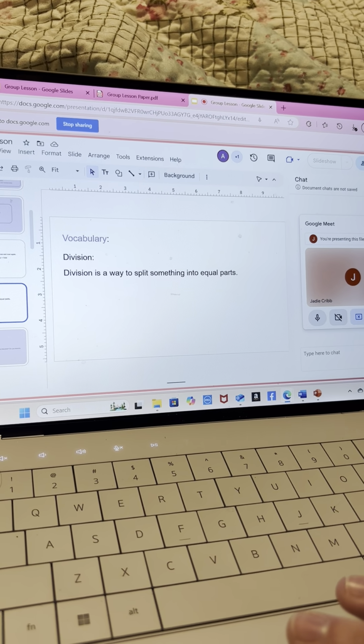I have 3 groups, and in each group I have 4. If we add those together, we can count 1, 2, 3, 4, 5, 6, 7, 8, 9, 10, 11, 12. And that shows us how many 3 times 4 is. 3 times 4 is 12.